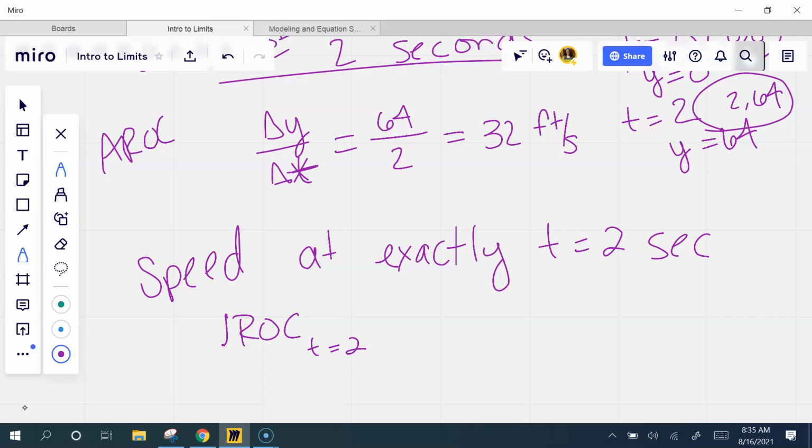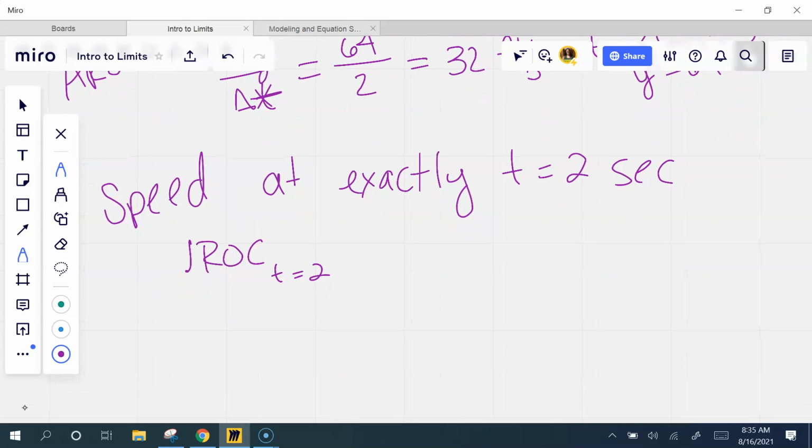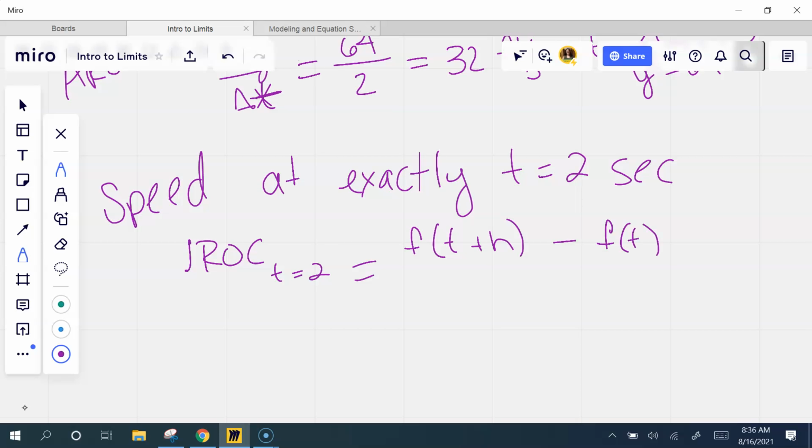So let's take that same rate of change formula, with the h in it. We've got f of t plus h, minus f of t, over h, and we're going to use t for x.